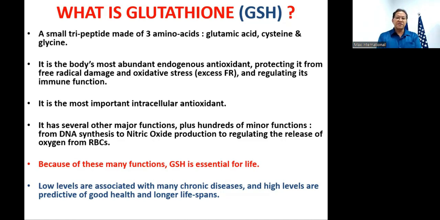It has several other major functions, plus hundreds of minor functions, from DNA synthesis to nitric oxide production to regulating the release of oxygen from red blood cells. Because of these many functions, glutathione is essential for life, and low levels are associated with many chronic diseases, and high levels are predictive of good health and longer lifespans.